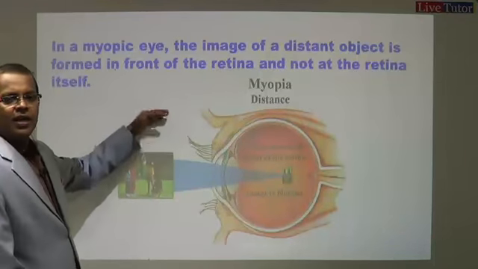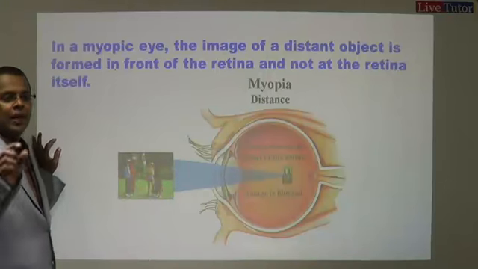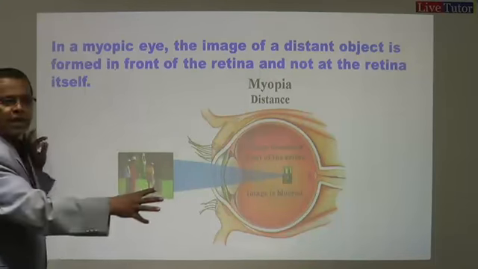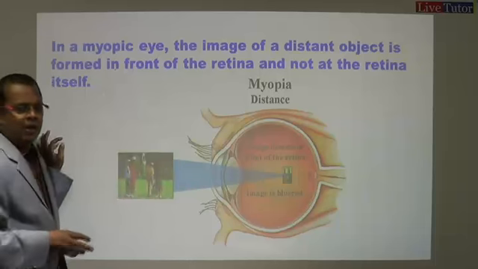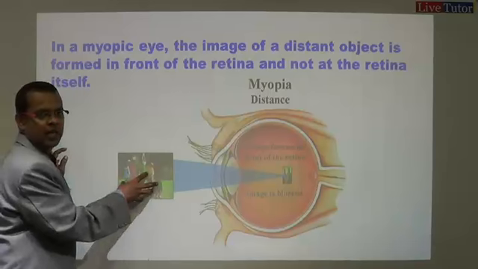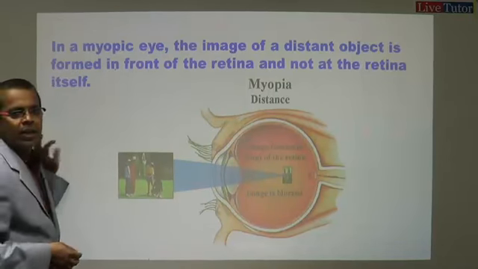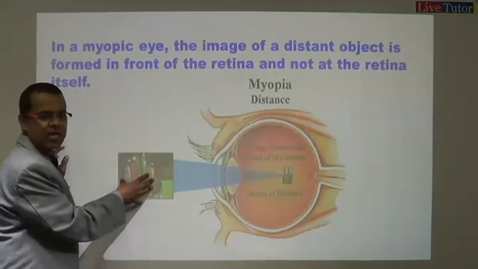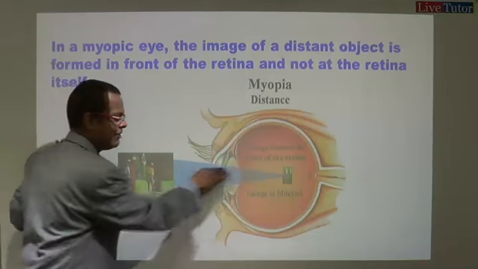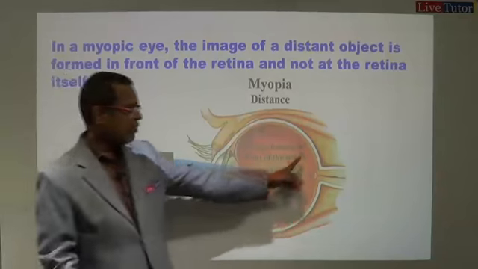Here let us see very clearly. This diagram will help you to understand very clearly. See, in this myopic eye, suppose we take this object, so there is an object, okay? A distant object where they are playing golf. This image which is captured and refracted through this eye lens is not actually forming on the retina.